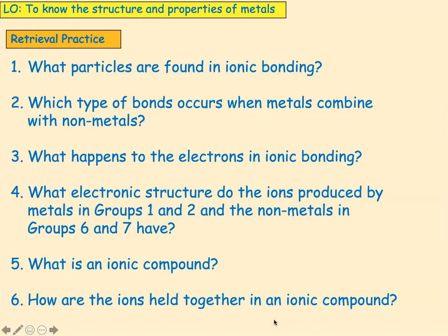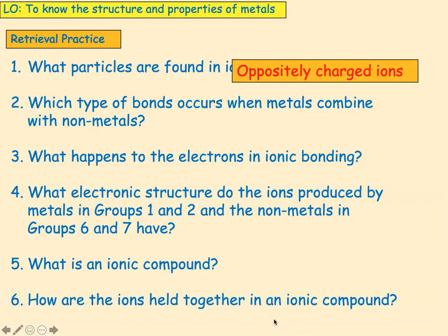Okay, so let's self-assess our work. What particles are found in ionic bonding? Oppositely charged ions. What type of bonds occur when metals combine with non-metals? That is ionic bonds. What happens to the electrons in ionic bonding?